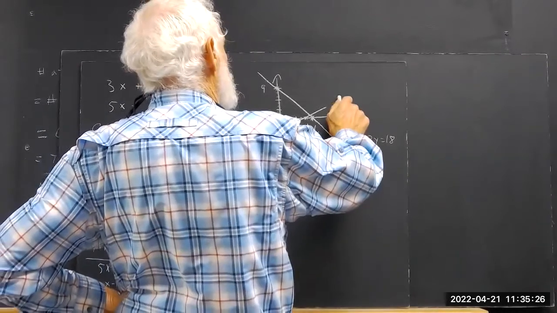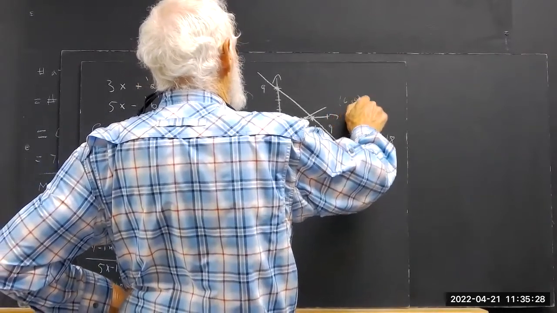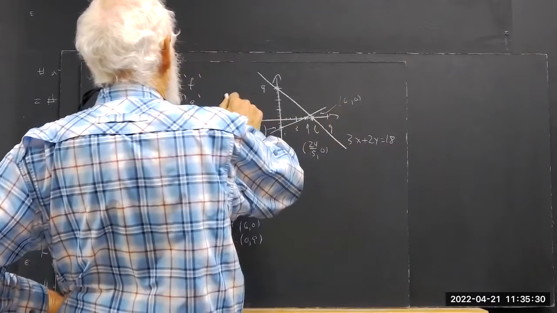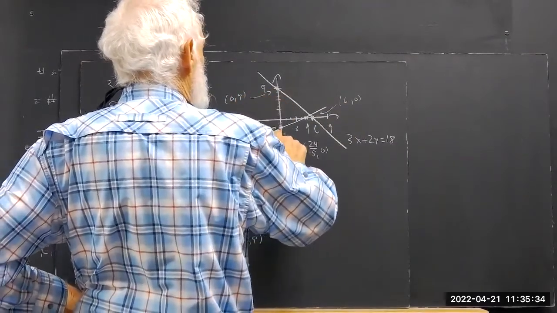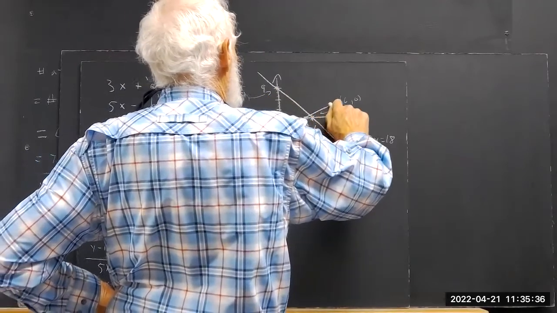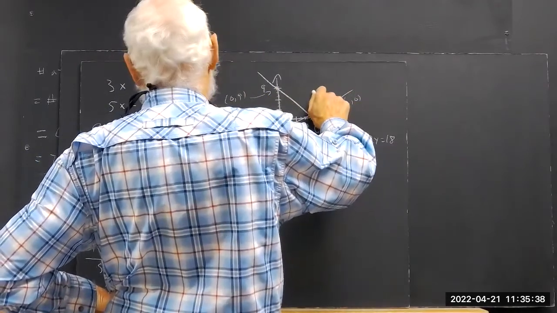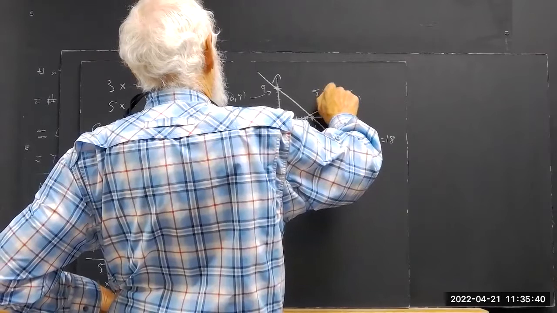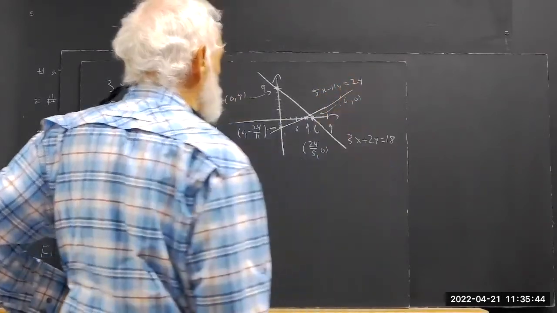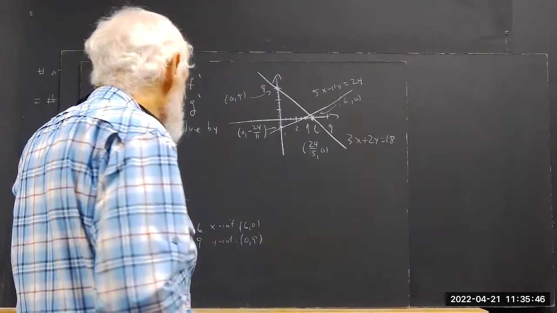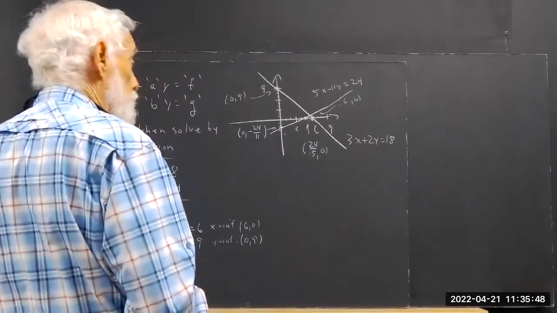So if you click labeling, there's 6, 0, there's 0, 9, and this equation is 5x minus 11y equals 24. We estimate our intersection point.